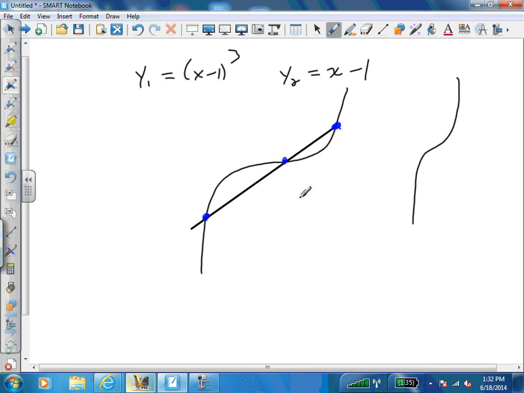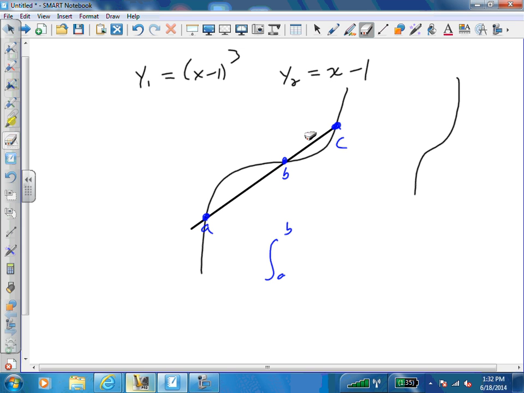So the question is, where are those points? Since we have to do that as two different integrals, if we call these A, B, and C, we have to know what A, B, and C are to do those integrals. Well, if I have two functions and I want to find out these points, how do I do that?